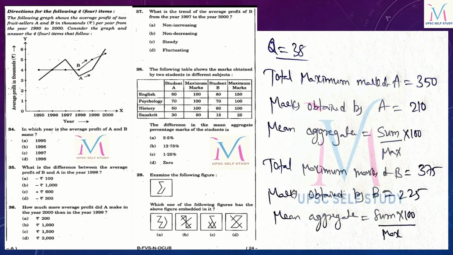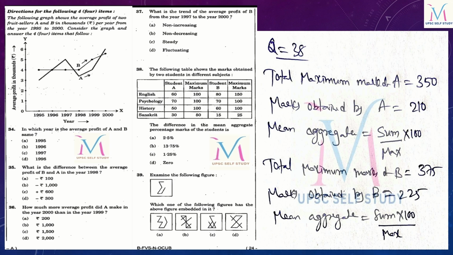At no other points do the dots and the lines match. So in the year 1996, the average profit of A and B are the same. For the 34th question, the answer is B, 1996.